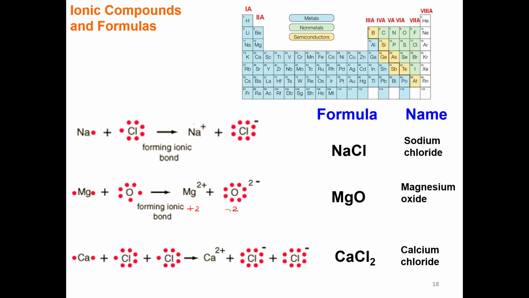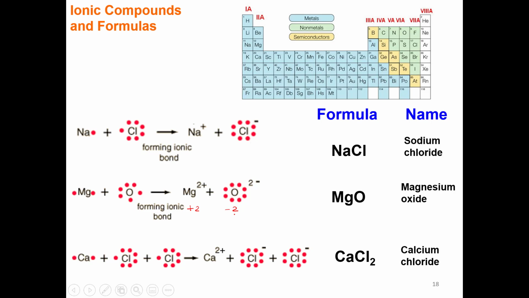To get a neutral compound, we just need 1 magnesium and 1 oxygen. And this is why we don't need any subscripts here. Sorry, we had magnesium +2, oxygen -2.